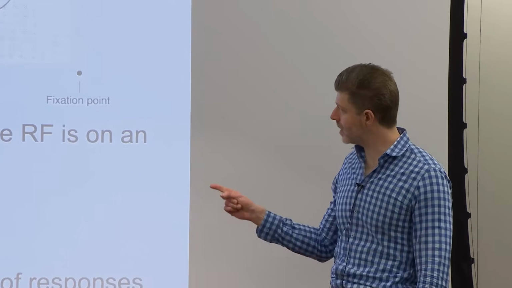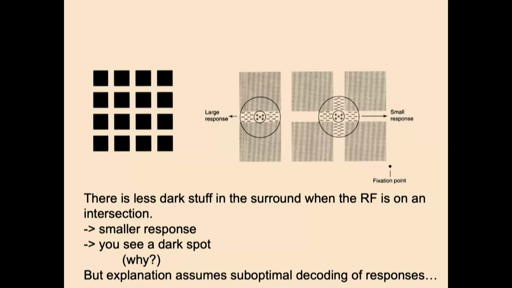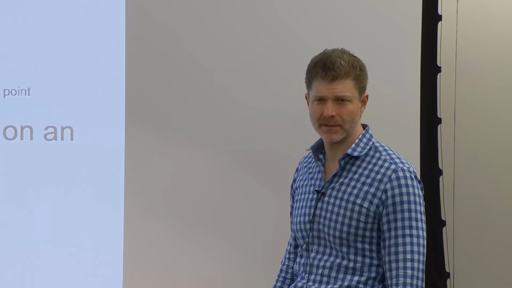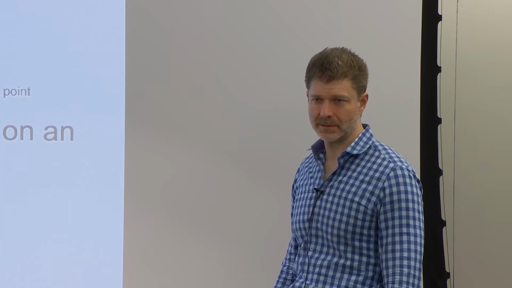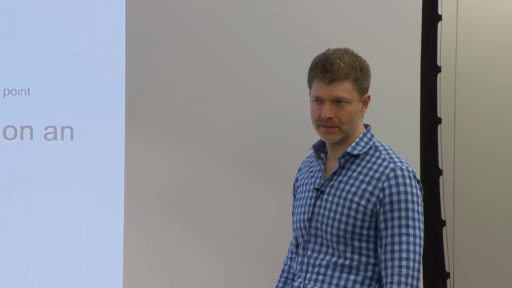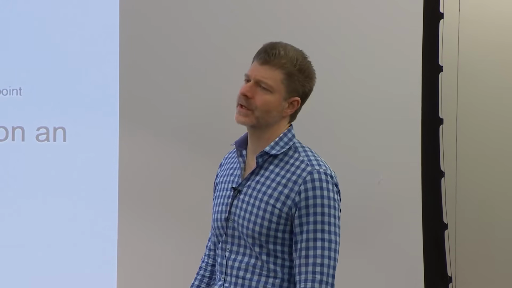And can anybody explain why the spot would be dark as opposed to light? Yeah. Because the surrounding squares are dark? Or if you reverse their colors, will you see spots or even darker? Okay, yeah, if you reverse the colors, it would be reversed.